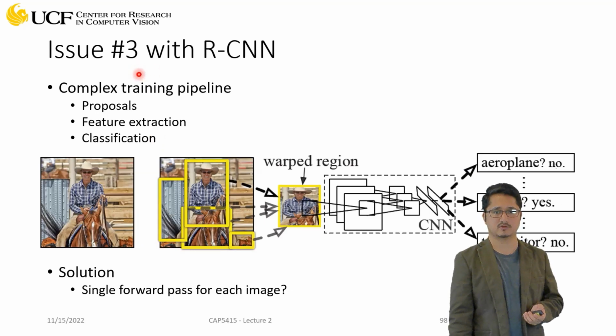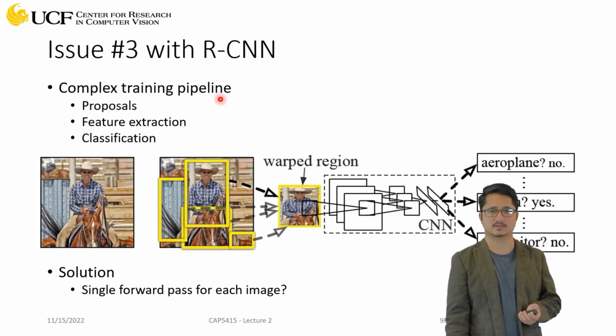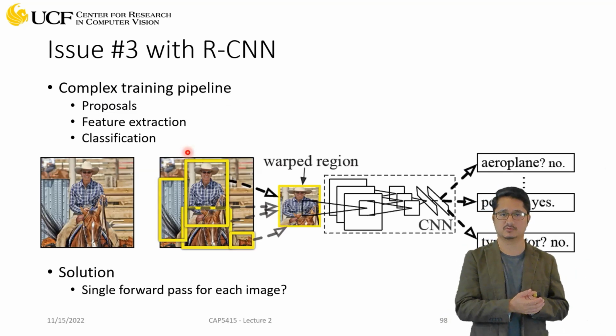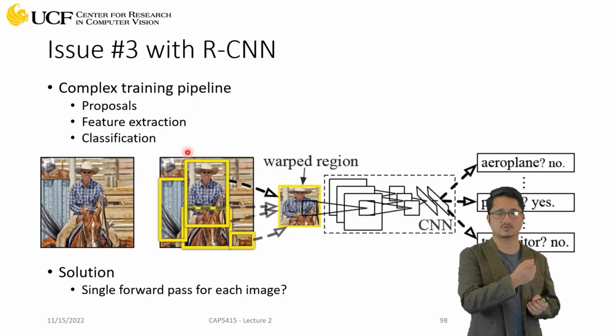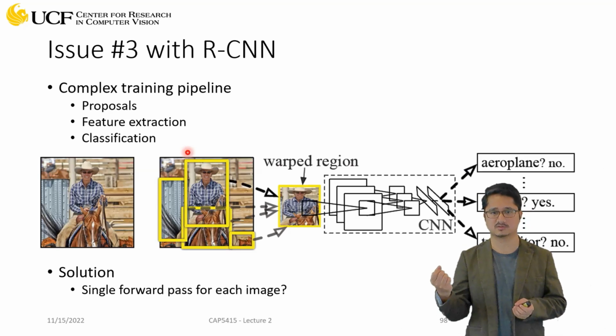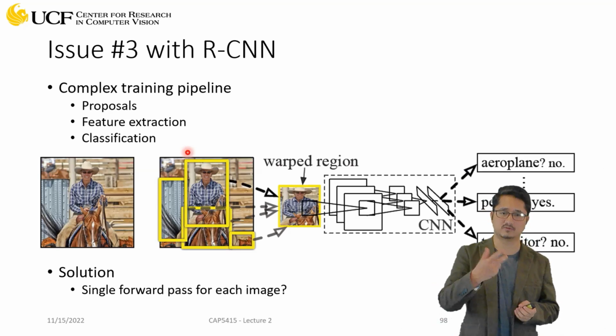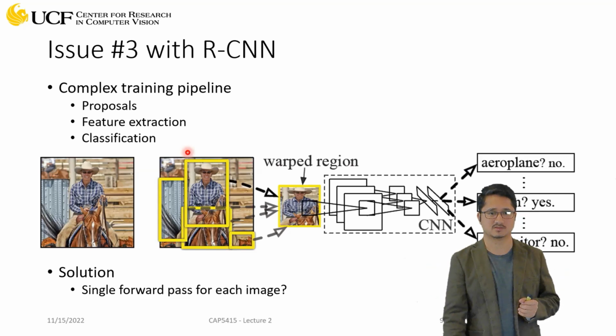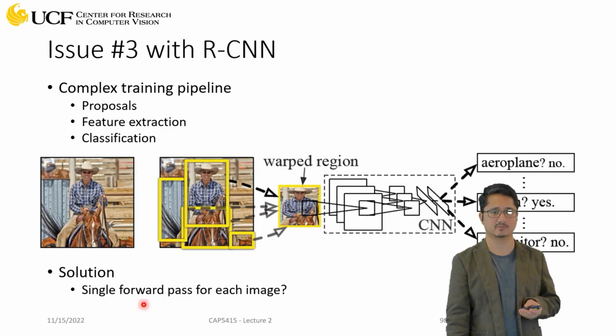The third issue is the complex training pipeline, because first you have to figure out the region proposals. Then for each proposal, you reshape, you extract features, save features, then again load features, and train your SVM classifier. A very, very complex pipeline. So we'll try to simplify that a little bit.